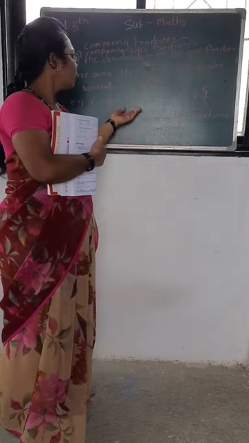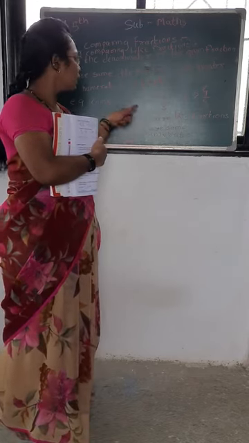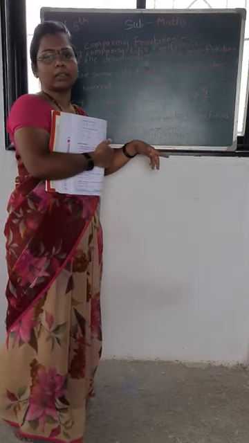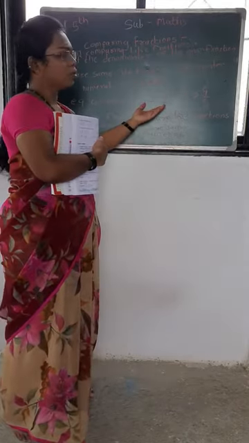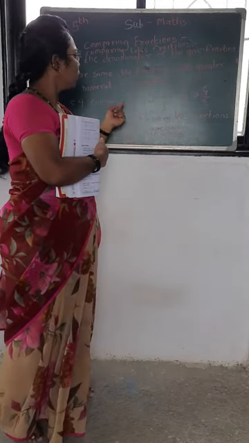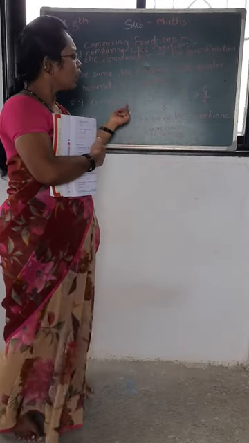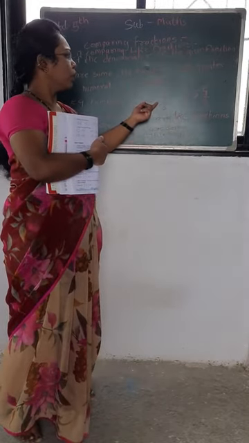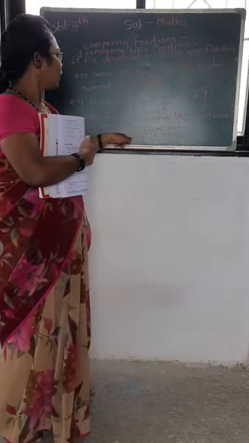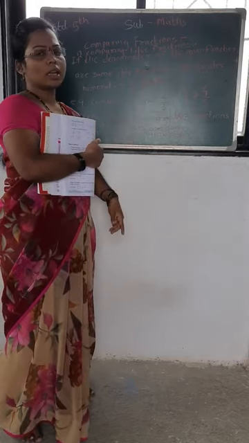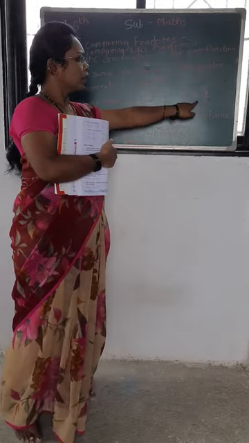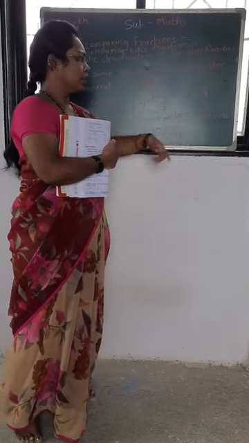Then comparing numerators, in the first fraction the numerator is 5 and in the second fraction the numerator is 4. Then 5 is greater than 4, so 5 divided by 8 is greater than 4 divided by 8.